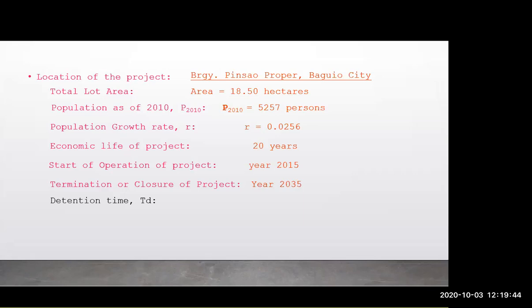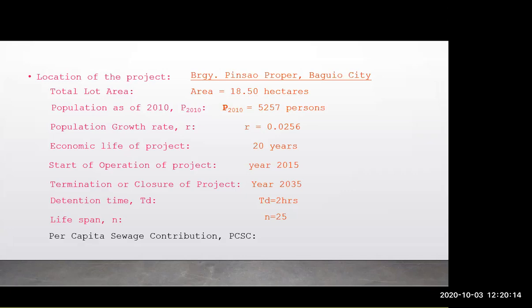So, we have a detention time here. Your detention time is defined as the time from when your wastewater enters the treatment facility until it leaves your treatment facility. So let's say that the detention time is 2 hours and the lifespan is equal to 25 years.